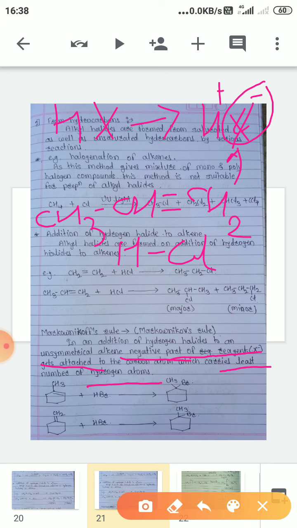Now this carbon atom carries two hydrogen atoms, while this middle carbon atom carries only one hydrogen atom. So the chlorine atom gets attached to the carbon atom which carries the least number of hydrogen atoms, and the resulting compound will be the major product.